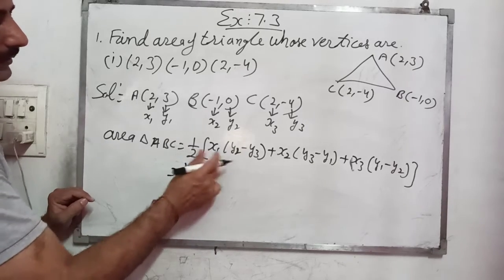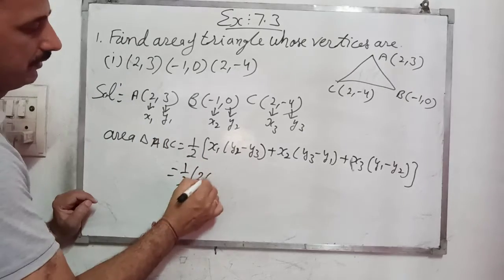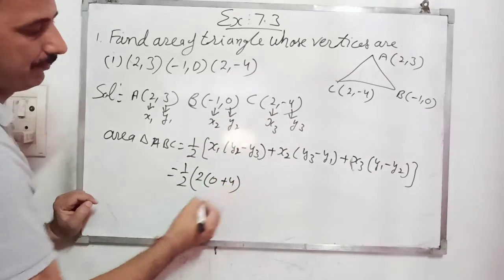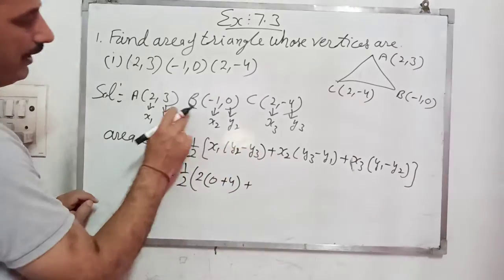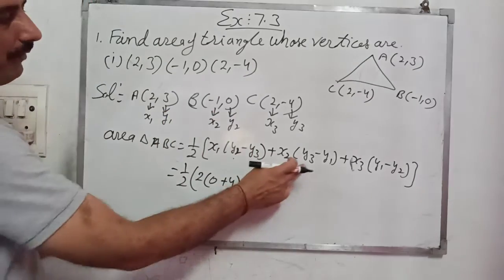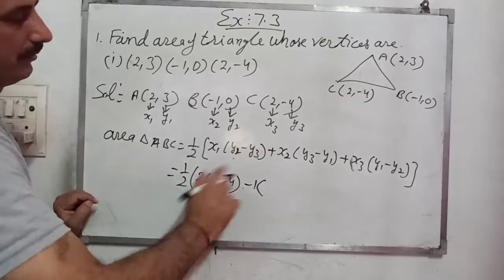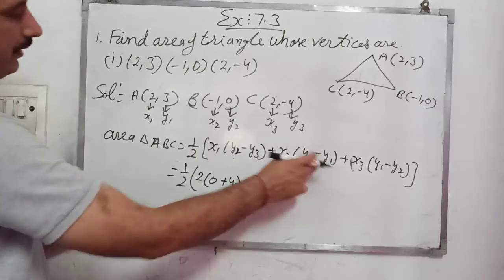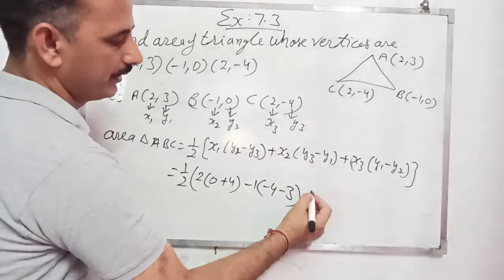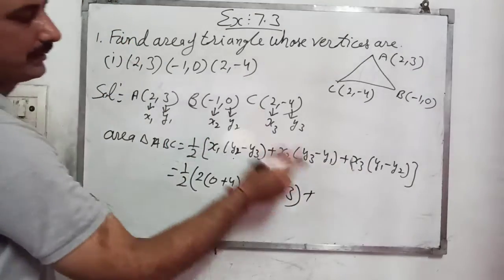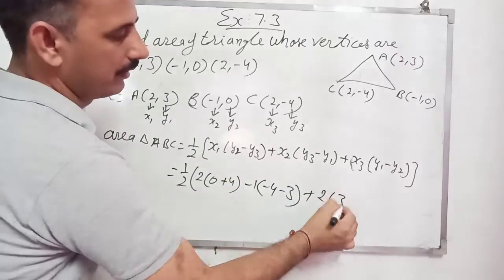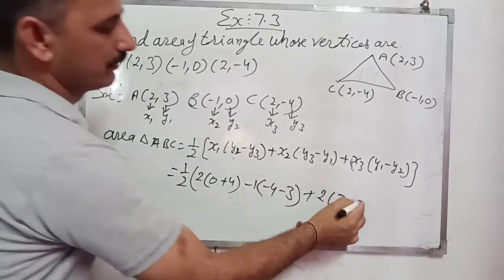The value of x1 is 2, y2 is 0, y3 is minus 4, so it becomes plus 4, plus x2 is minus 1, y3 is minus 4, y1 is 3, so it becomes minus 3, plus x3 is 2 and y1 is 3 minus y2 is 0.